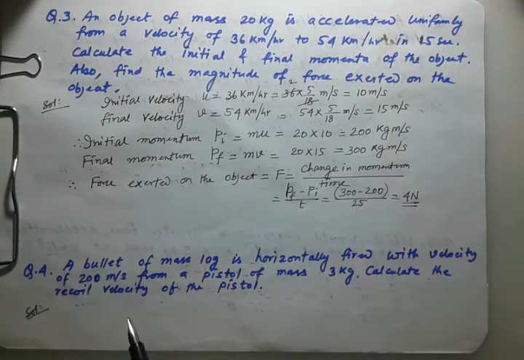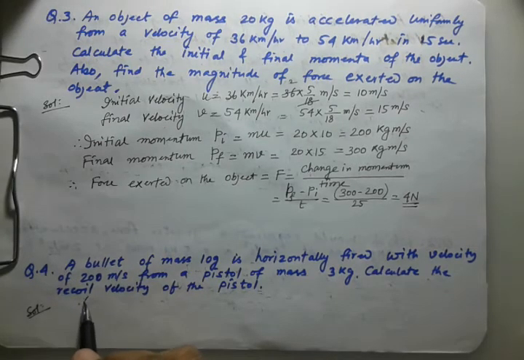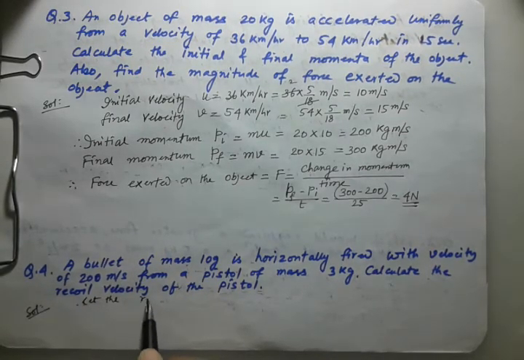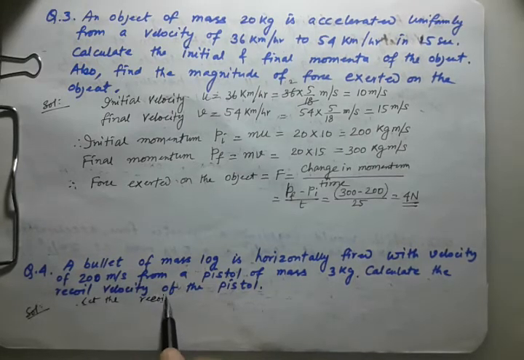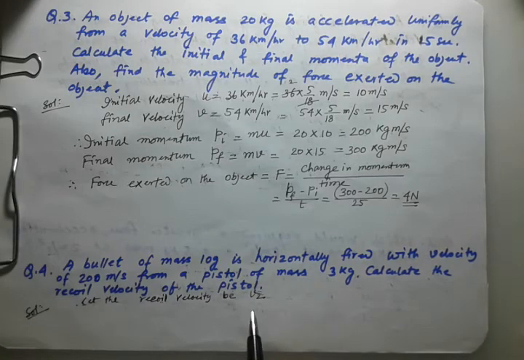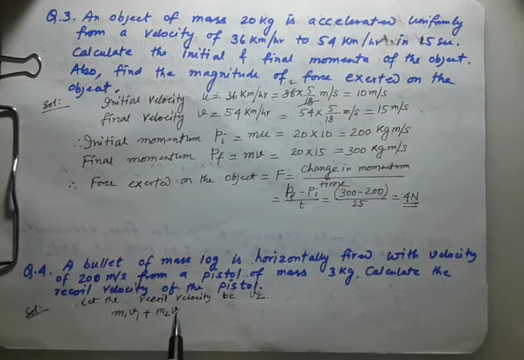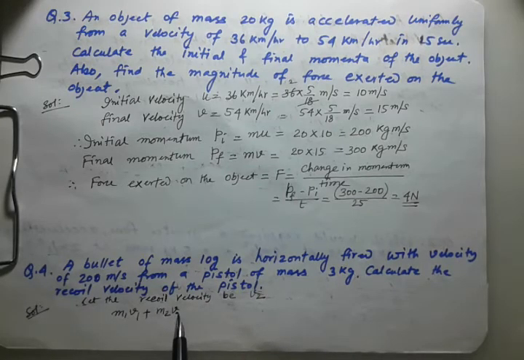So the formula will be like this, let the recoil velocity be v2. According to conservation of linear momentum, we can write m1 v1 plus m2 v2 is equal to 0.